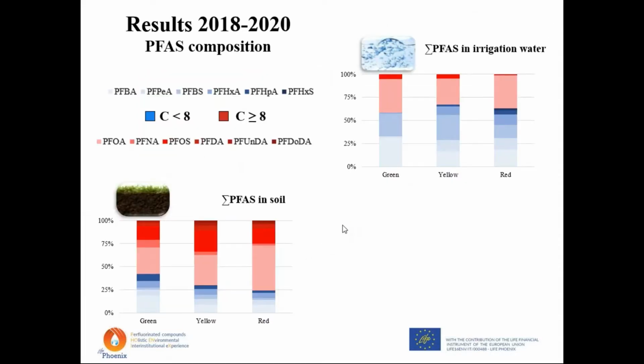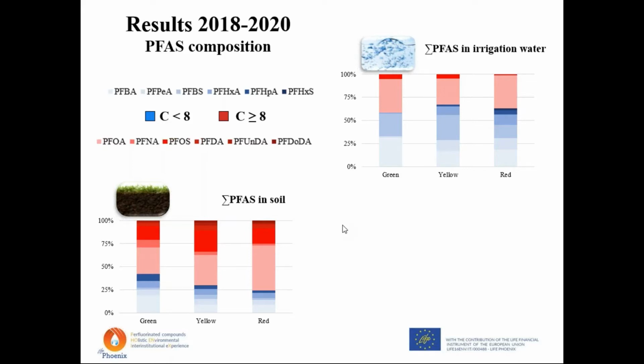Now about PFAS composition. As you know, PFAS is a group of heterogeneous compounds with different chemical-physical properties. In particular, the behavior of these compounds is driven by the length of their chain.